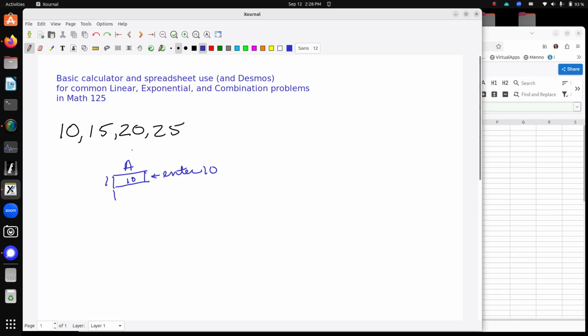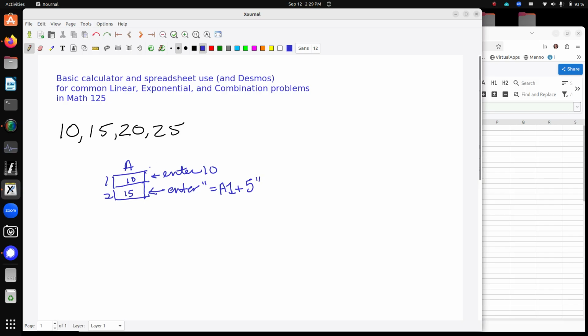I'm having trouble drawing straight, sorry. And then you could say enter equals A1 plus 5. And so it's going to be a 15.